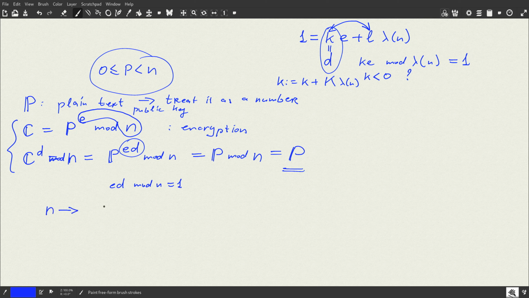By brute force, you would need to factorize N to find P and Q, and then of course you can immediately compute D as the inverse of E modulo LCM of P minus 1 and Q minus 1, not a product but the least common multiple, if you know P and Q. So that's elementary.